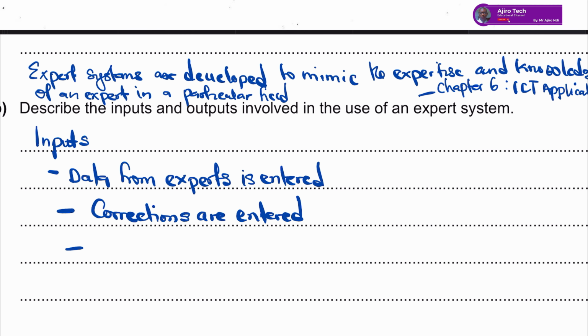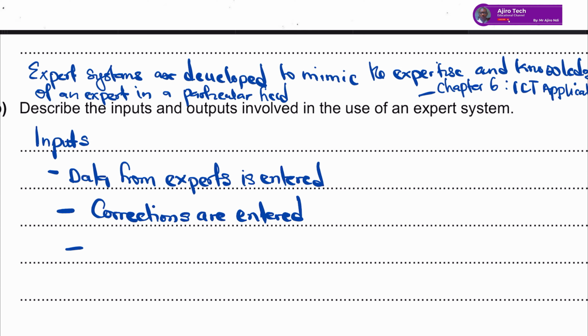What else? The user interface. Users have to type in. It could be a question of yes or no, right? Because the user interface is where the users are able to type in, is it yes, is it no, do they want to go further, right?